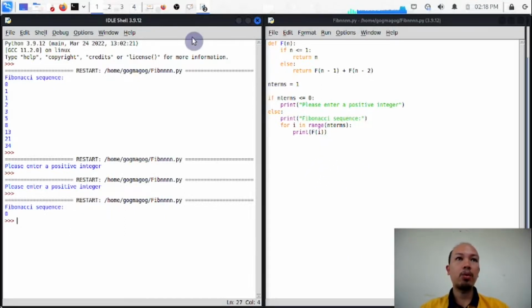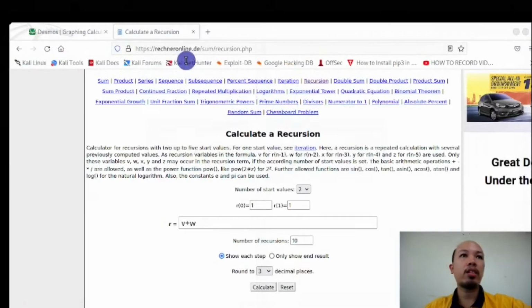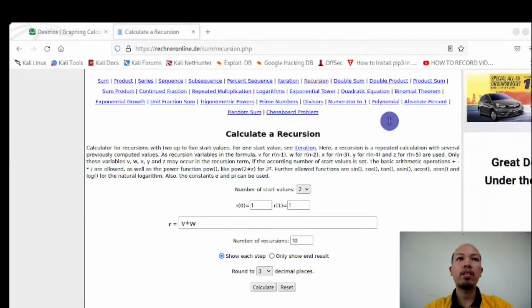Let's try to use the recursion calculator to generate the Fibonacci sequence. So you can use any. How to use this calculator?